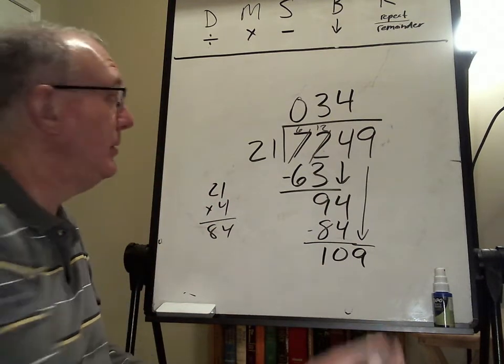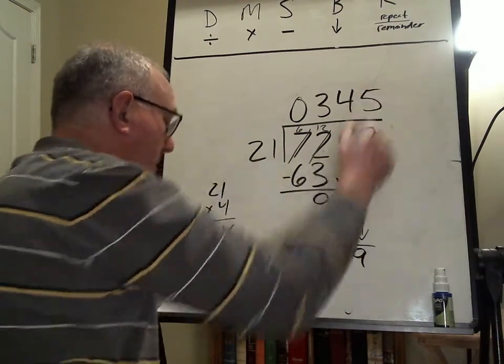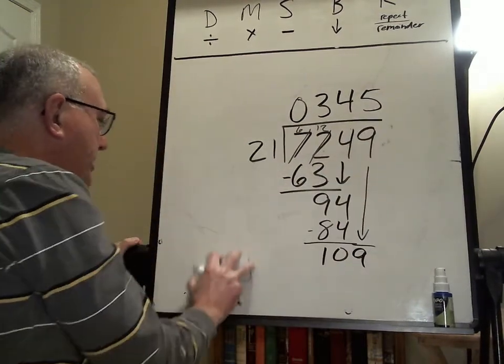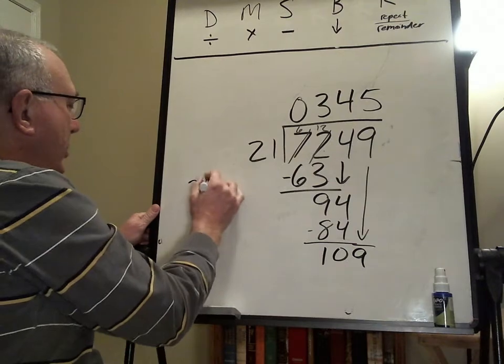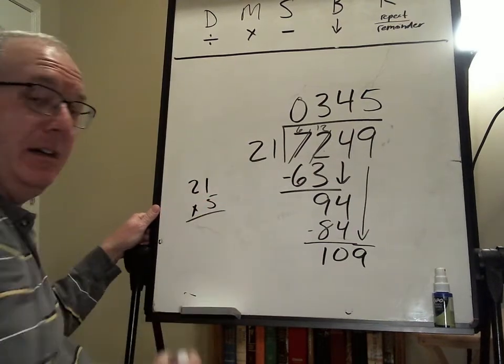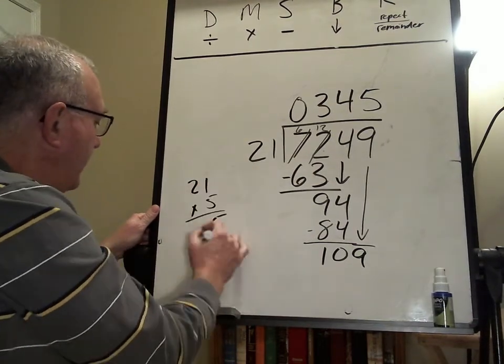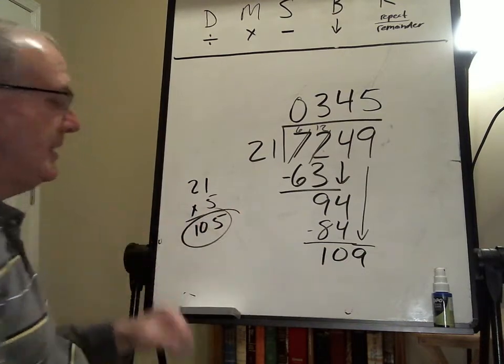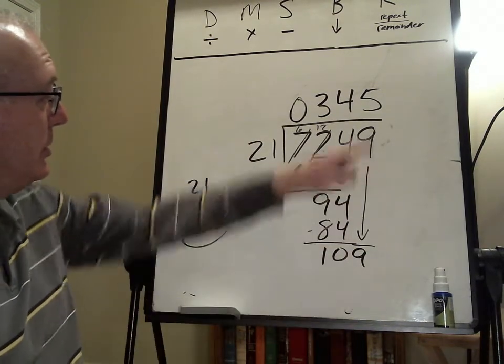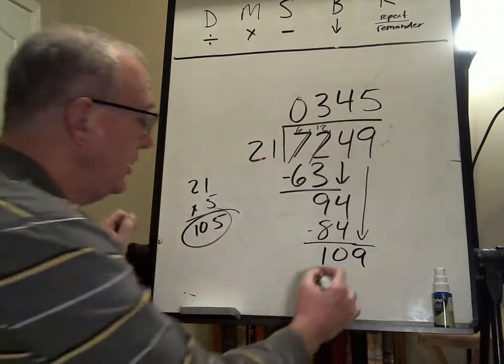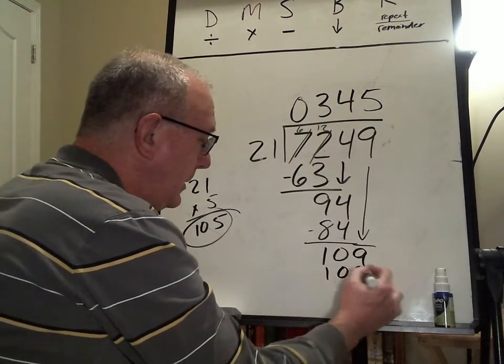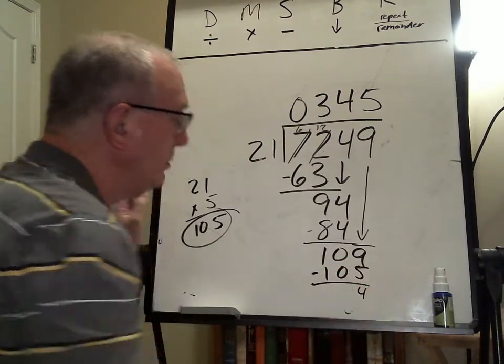Let's try 5. And again, you can, on the side, work 21 times 5, if nothing else. 5, 10, we find out that's 105. So 5 times 21 is 105 with a remainder of 4.